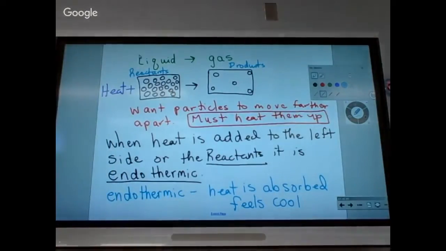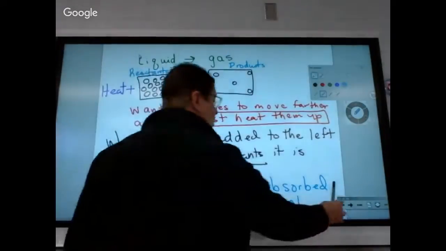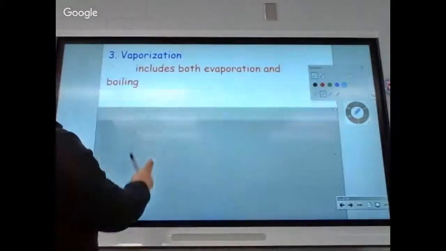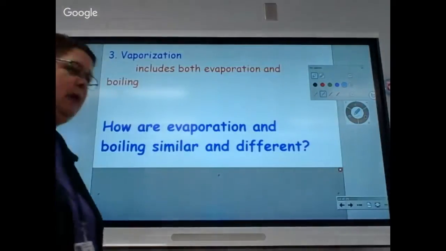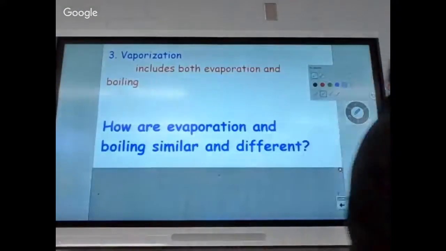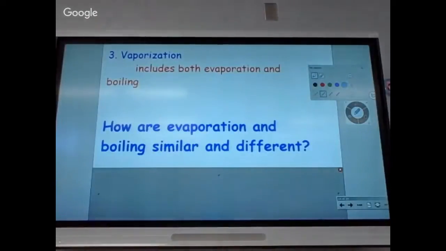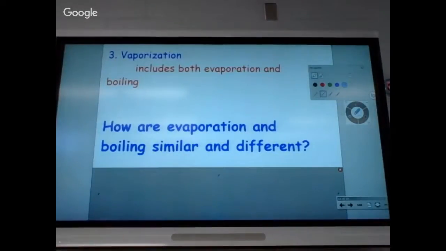Okay. Now, we need to talk about how evaporation and condensation are similar and how they're different. And then we'll do condensation. Now, how are evaporation and condensation similar? That's an easy one. They both do what? They change from a what to a what?